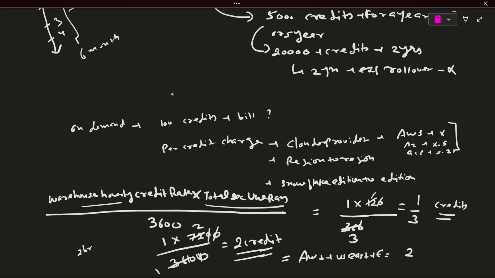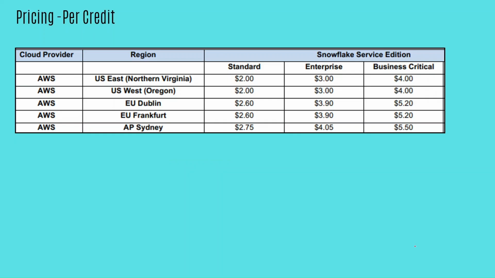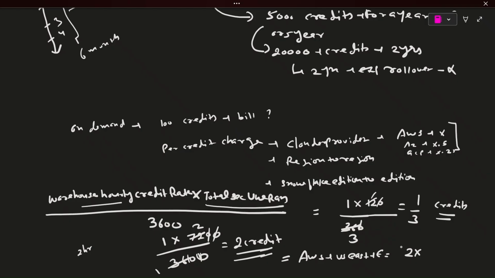Then 2 multiplied by the Enterprise cost, let's say $3, is equal to $6. I will be charged $6 for running a small virtual warehouse for 2 hours in the US East region for the Enterprise Snowflake edition. Got it?